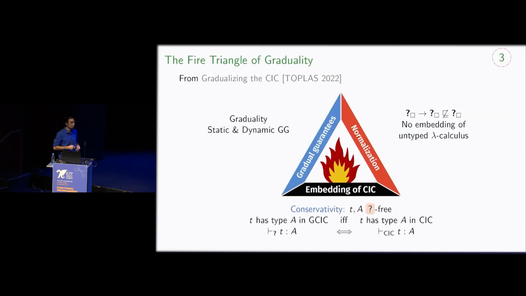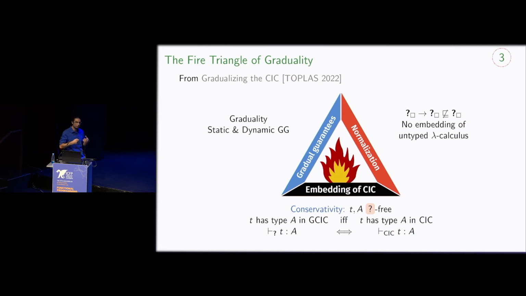So now, in previous work, we also observed that actually trying to get all properties that we want from such a gradual dependently typed language is not possible. We cannot have at the same time the gradual guarantees that we want, a normalizing language, and conservativity over the base language that we try to gradualize.